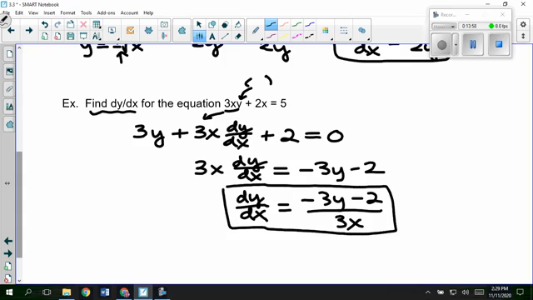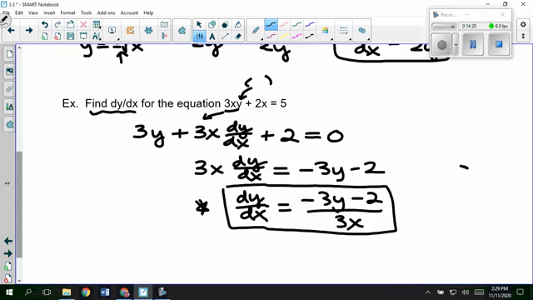Now, I like this particular problem because I think it gives a better understanding when connecting it to that little circle graph that I told you guys about earlier. So keep in mind that it's very common for you guys to have a derivative that's done implicitly that contains both x's and y's. And the reason for this being so popular is just like that circle.